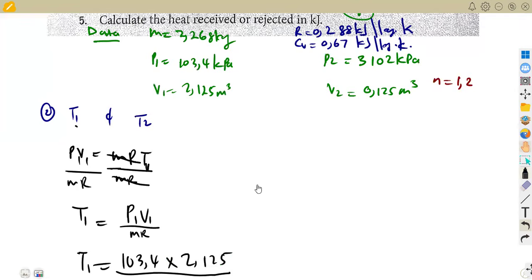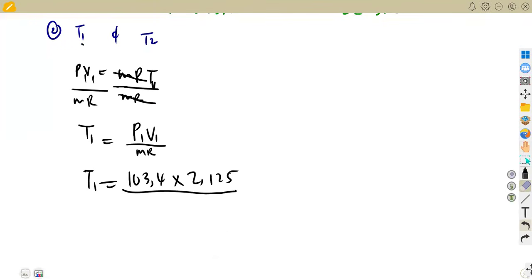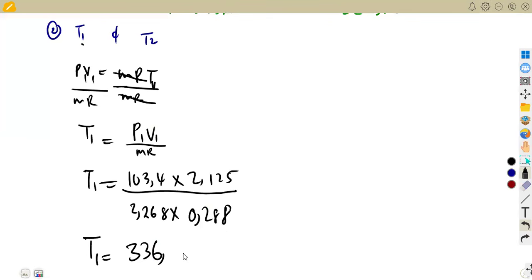Remember, mass is 2,268. So you have to multiply by the mass there, 2,268 times R there, which was 0.288. So that's going to get T1, 336,391 Kelvin. That was what you're supposed to get there.